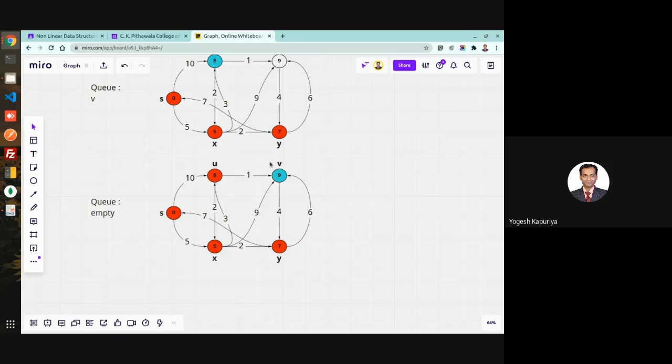Now again, obviously, there is no one in the queue. That means all the other vertices are out of the queue. That means you will not require to change anything in the last iteration. So at the end, what you have is this situation. So this is my output actually.